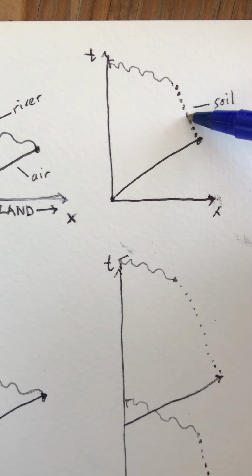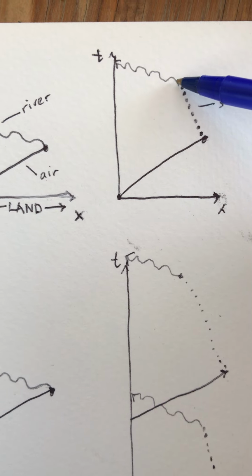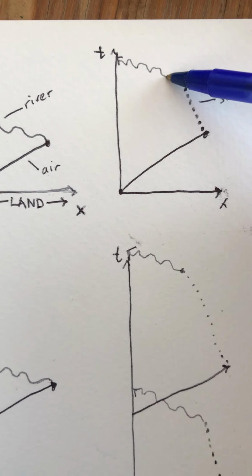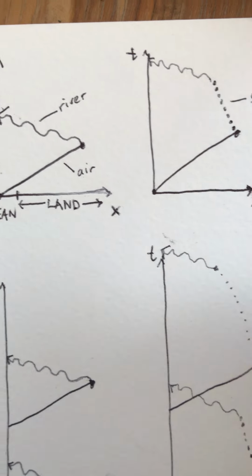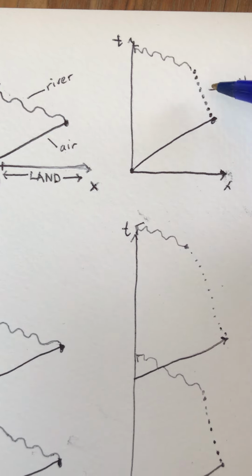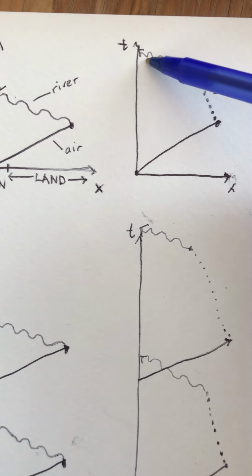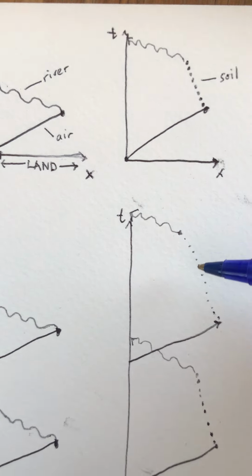So it takes more time as it flows back out towards the ocean. And then when it gets to a river, it starts flowing quicker, and there's less time it takes to flow back out. So basically, the shallower this slope is, the faster the velocity of the water flowing out.